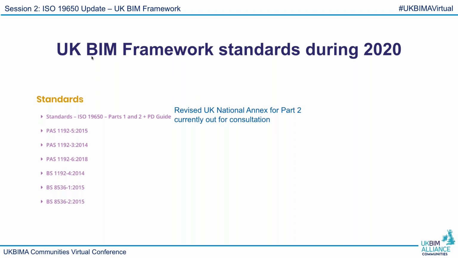But as I mentioned earlier, ISO 19650 Part 2 has a UK national annex that has currently been subject to some revision and is now out for consultation with the industry at large. And a speaker in a few moments will be saying a bit more about that national annex project.